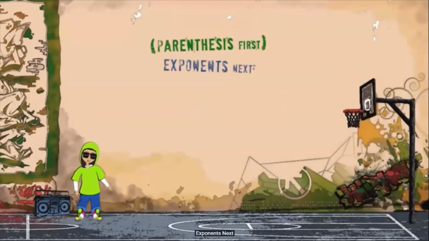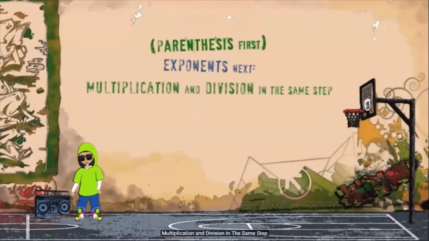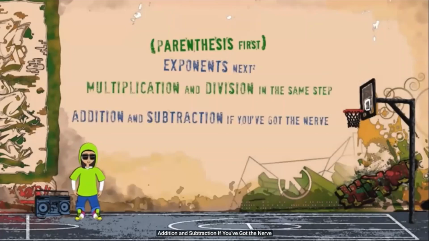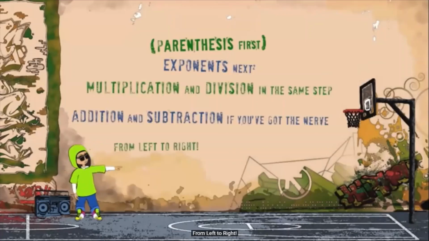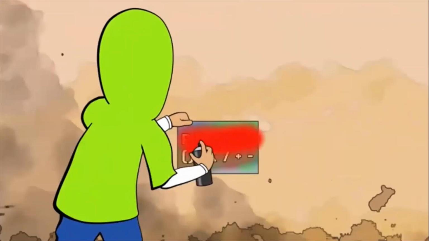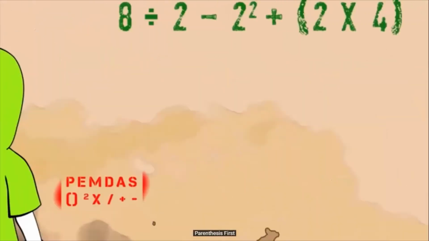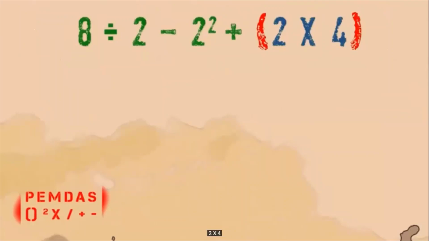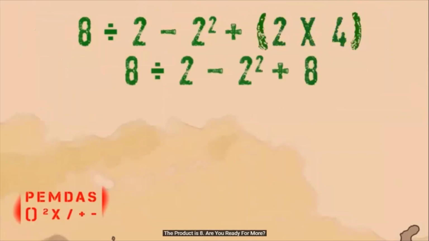Parentheses first, exponents next, multiplication and division in the same step, addition and subtraction, if you got the nerve, from left to right, first come, first serve. Parentheses first, 2 times 4, the product's 8, are you ready for more?